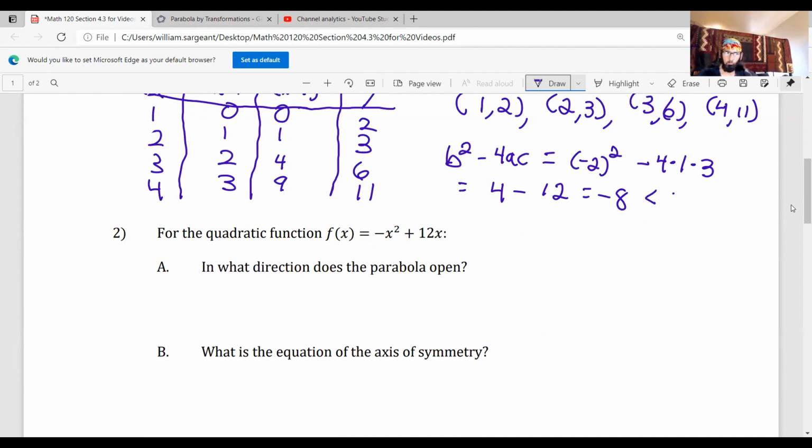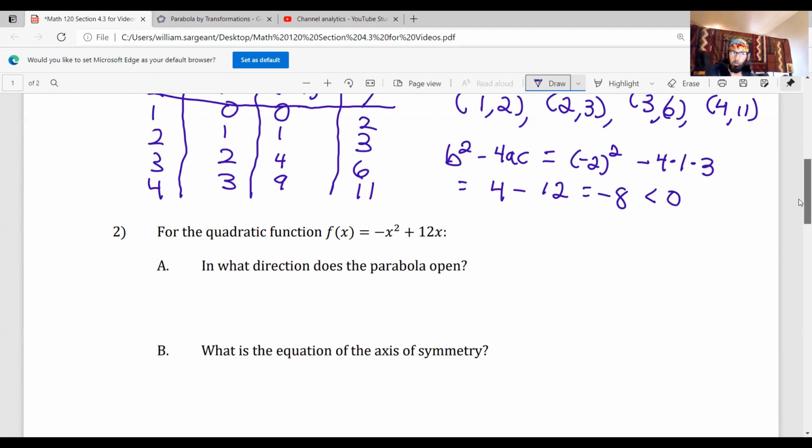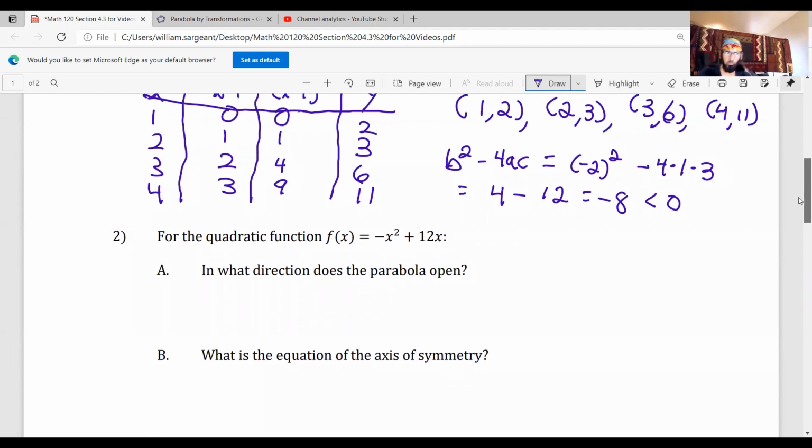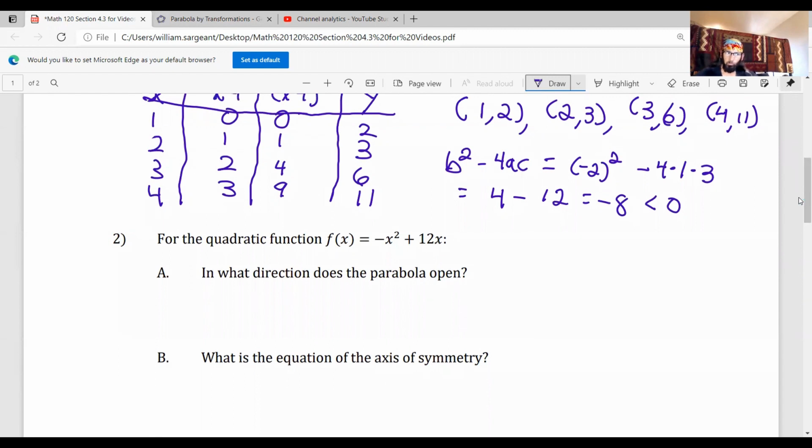That's less than 0. So trying to solve the equation of x squared minus 2x plus 3 equals 0 has no solutions. No real solutions, that is. So there are no x-intercepts.